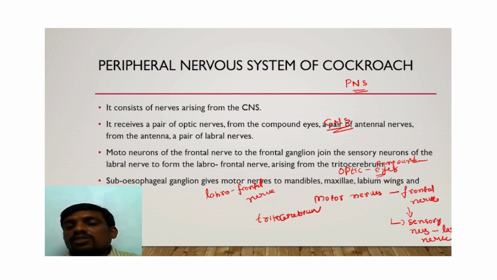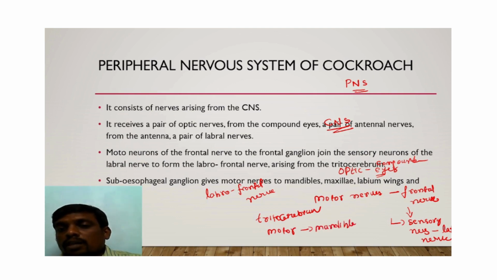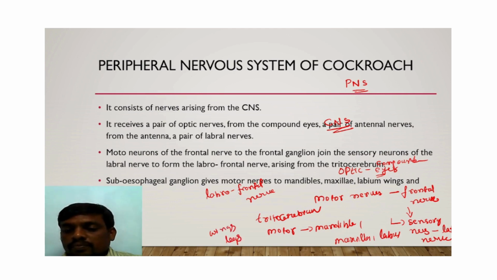The subesophageal ganglion, which is present below the esophagus, gives motor nerves to the mandibles, maxillae, labium, wings and legs. Apart from this, it is the principal motor center in the body.